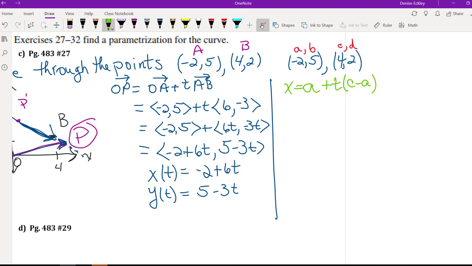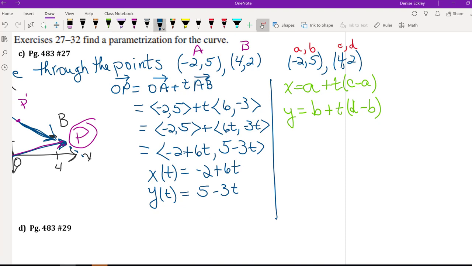Those are all the x parts, a and c. And y is equal to b plus t times d minus b. You'll see how it's related to our final answer.